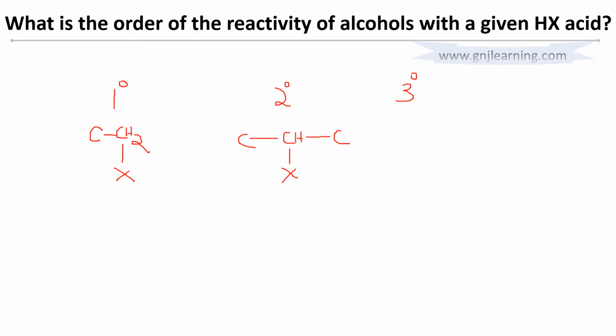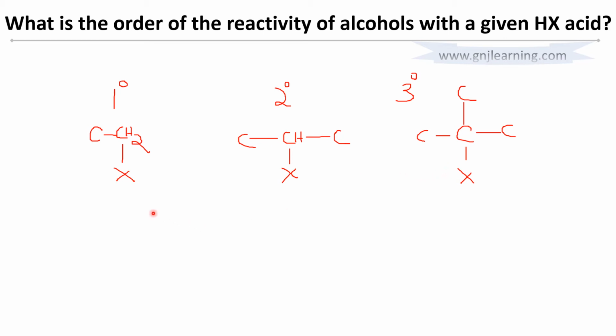Now what is tertiary? It has another C attached to it. So there is a total of 3 C-C bonds on it. And if the X is attached to that tertiary carbon, we call this halide a tertiary halide.